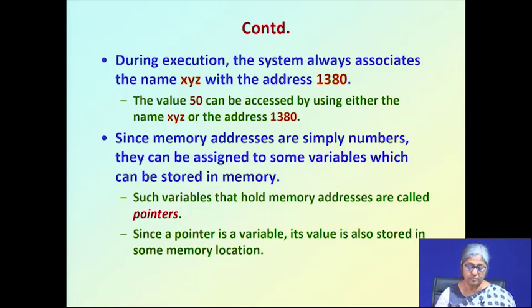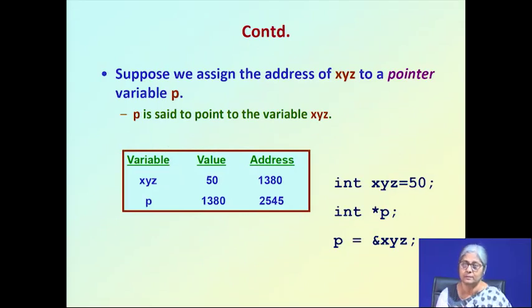See this example. Suppose we assign the address of xyz to a variable called p. In the earlier example, the variable is xyz, the data value is 50, and the address is 1380. Now p is set to point to the variable xyz, that means p has the value 1380.